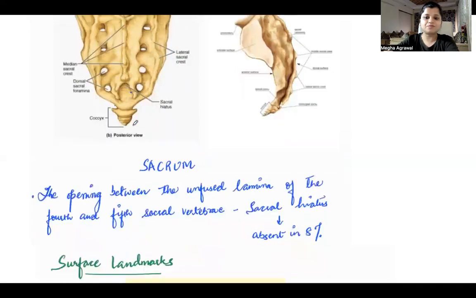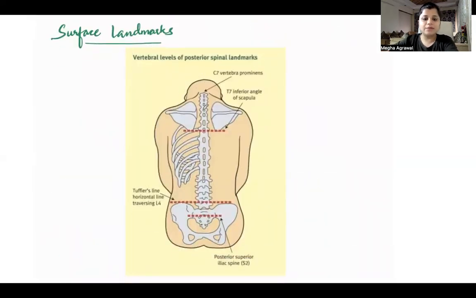Now the surface landmarks. There are certain landmarks we have to take care of while giving the anesthesia, because it is the skin we are seeing and we cannot see the vertebra properly. So there are certain landmarks through which we can predict where this space can be. The most important is Tuffier's line.